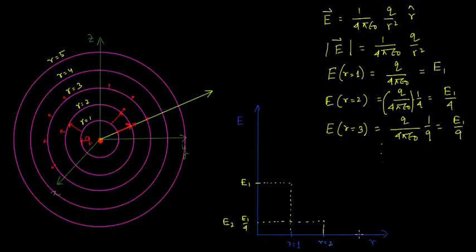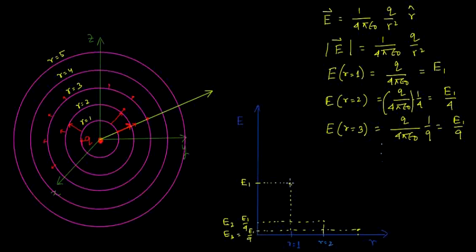And for r equals 3, here it will fall by 1/9, approximately here. So E3 is E1 by 9. This is the point.